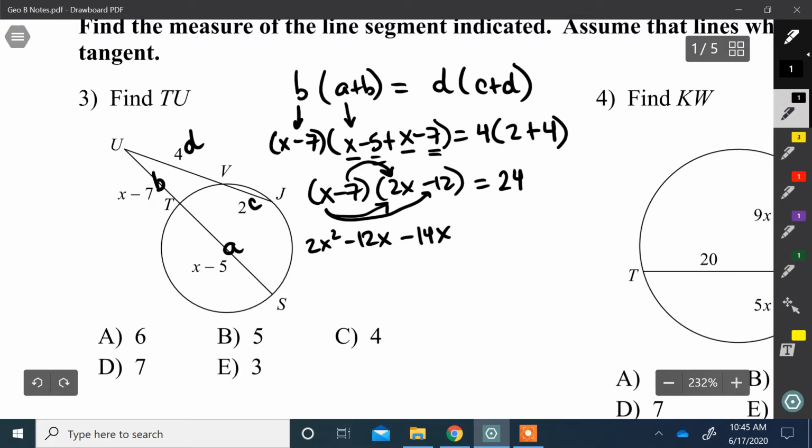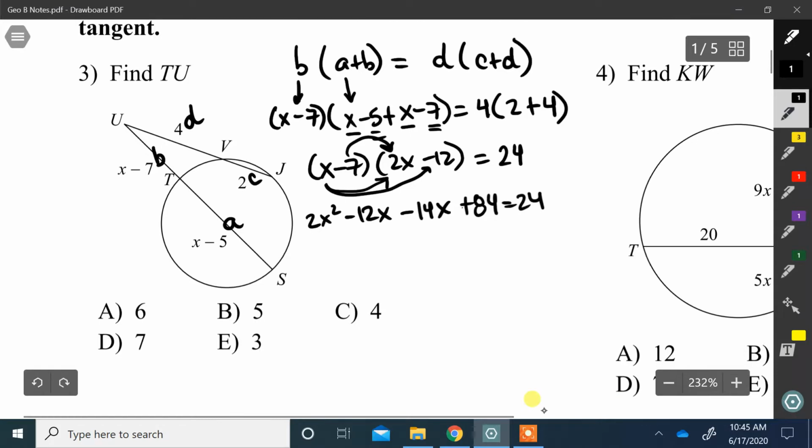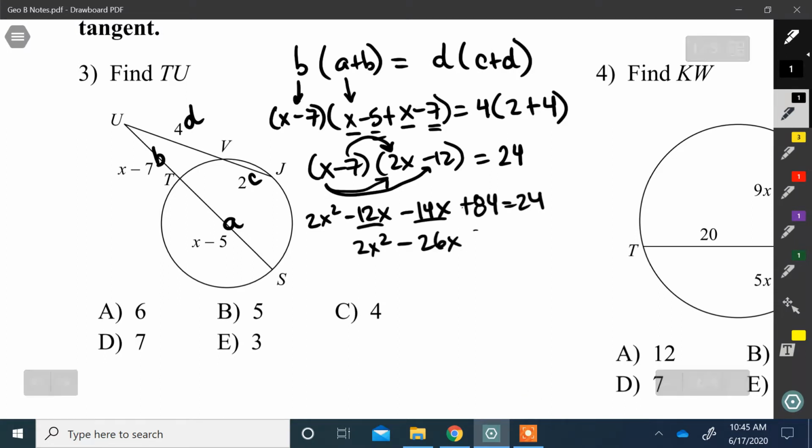And then negative 7 times negative 12, let me verify that, should be positive 84 is equal to 24. So we're going to add this one plus this one together, and that should give us negative 26x. Subtract 24 on both sides, you should get 60 right there.